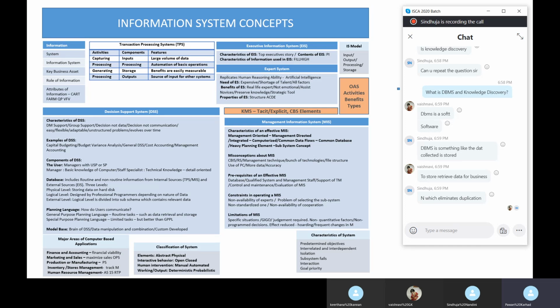This pattern identification happens in knowledge discovery. You cannot do that in a database management system, data warehousing or data mining. Pattern identification and further action estimation all happen in knowledge discovery.